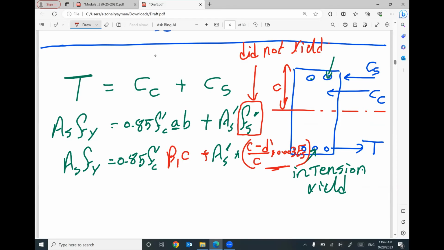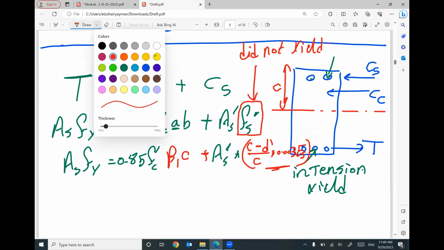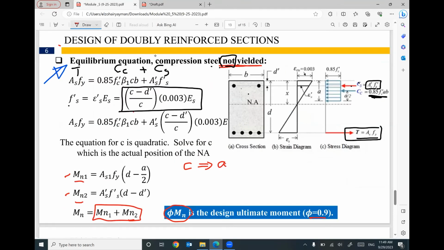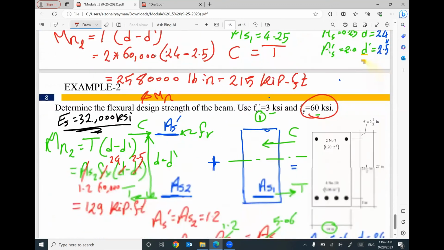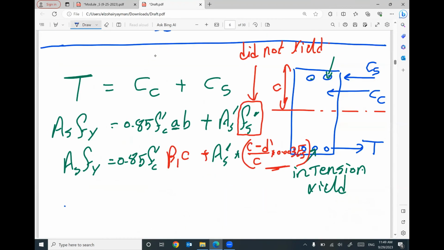If you simplify this equation and put in every number, you can get a quadratic equation as a function of C. Let's see. Area of steel equals the total area of steel in this problem, 5.06, times F yield 60,000. 0.85 F prime C equals 3.